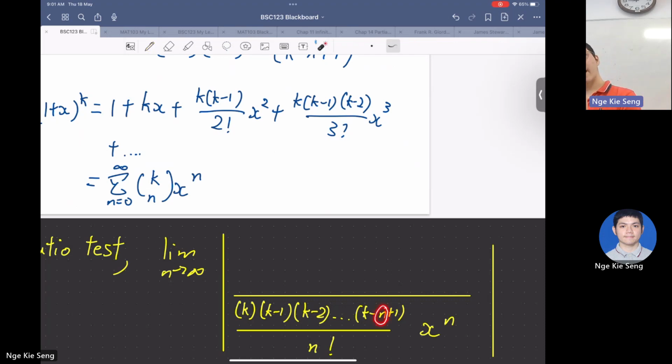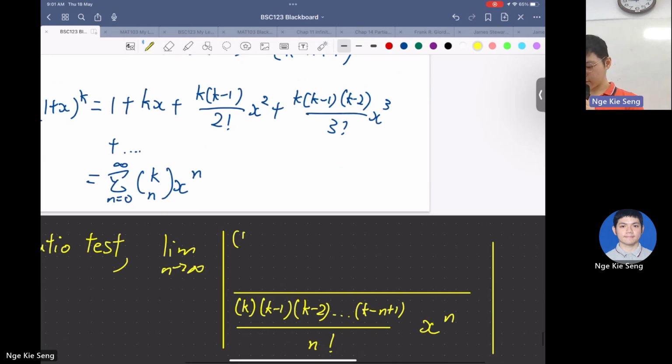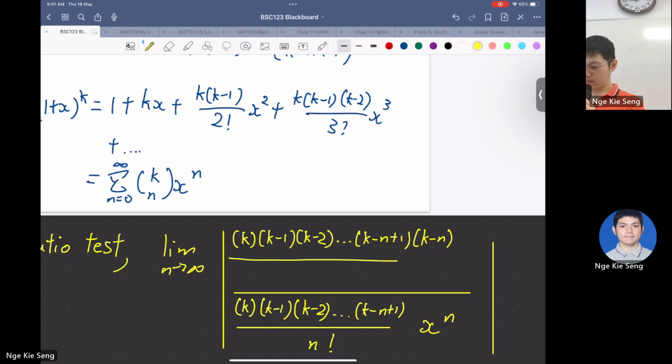So you need to substitute n to n plus 1. The last term here will become k minus n minus 1 plus 1, so you get k minus n. So you will have one extra term here, up to k minus n. Then for the factorial, you just put (n plus 1) factorial, and then x to the power n plus 1. Okay, so what do you have left?